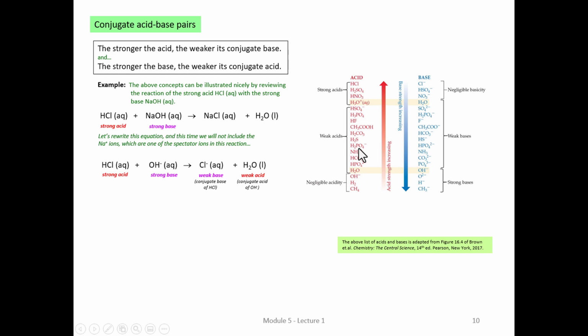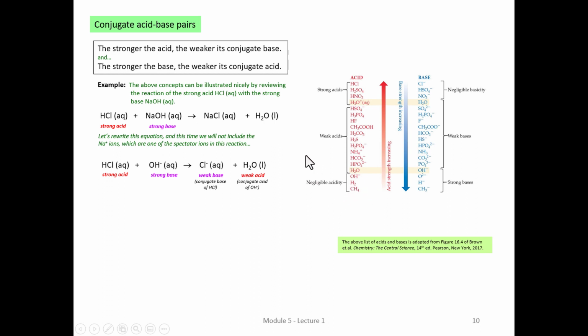However, H2PO4- could act as a base and accept an H plus and form H3PO4, phosphoric acid. So dihydrogen phosphate is on both lists, and when it acts as an acid, an H plus donor, it acts as a weak acid. When it acts as an H plus acceptor, it acts as a weak base.